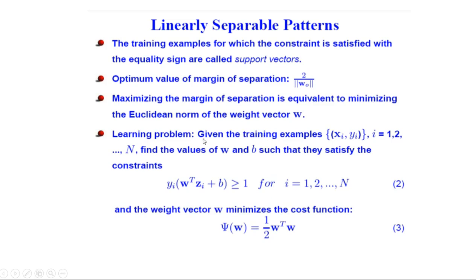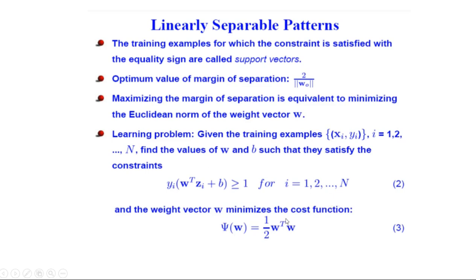So now you can write the problem like this. Given n samples, where each sample is represented by x and its output yi, you need to find the values of W and B in such a way that you satisfy this constraint. That means what is the constraint? If you multiply the output and its decision surface, it should always be greater than or equal to 1 for all i equal to 1 to n.